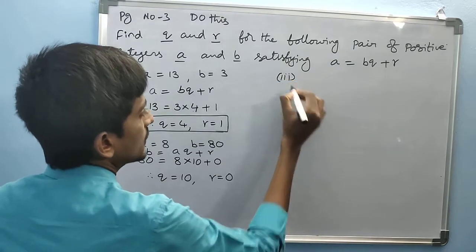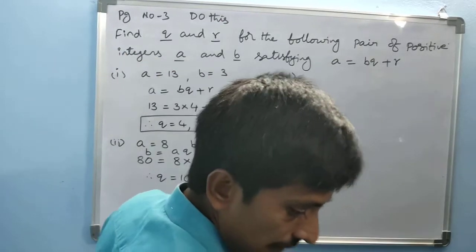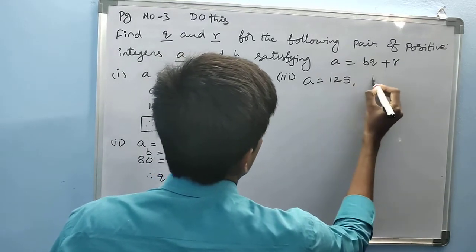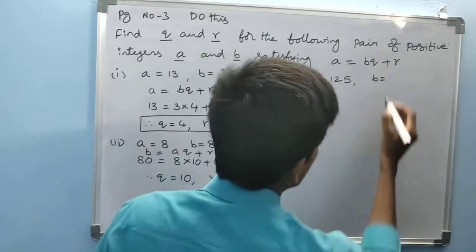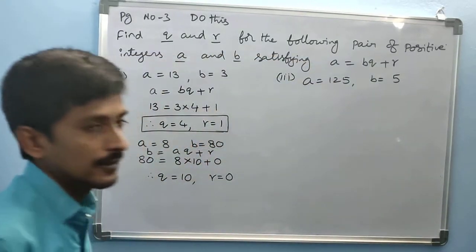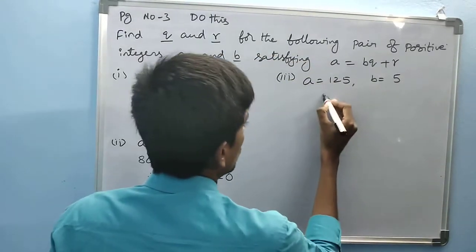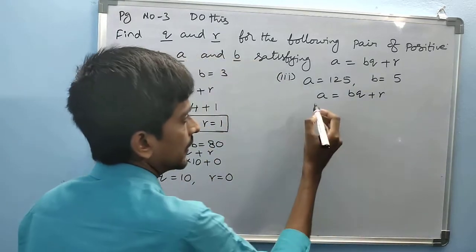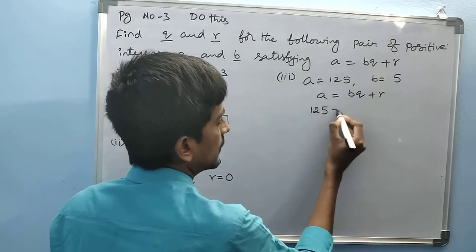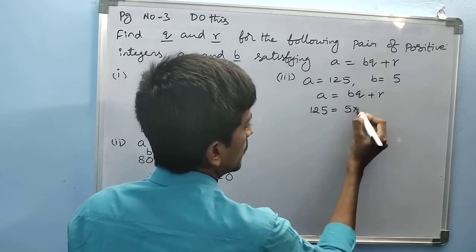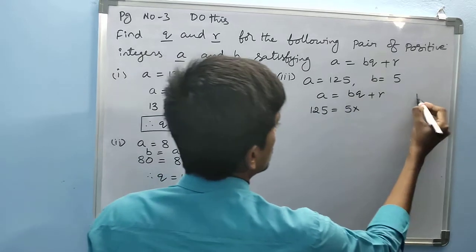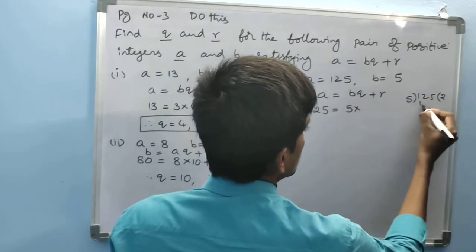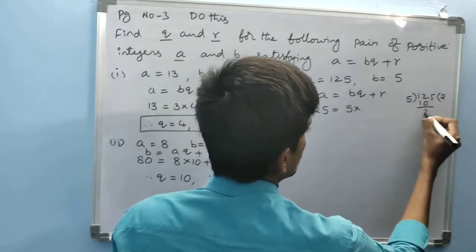And the third one is A equals 125, B equals 5. This can be written as A equals BQ plus R. 125 equals 5 into Q value. 5 how many times makes 125? 5 table: 5 twos are 10, remainder is 2.